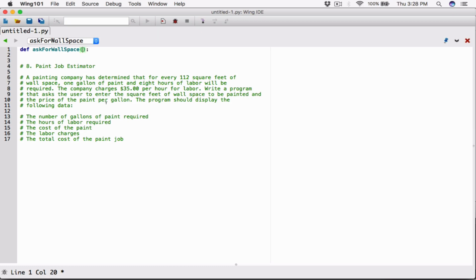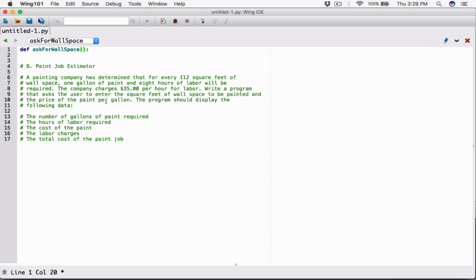Now it's not going to need any parameters, because the user is not going to need to pass any argument, so I'm not going to specify any parameter.